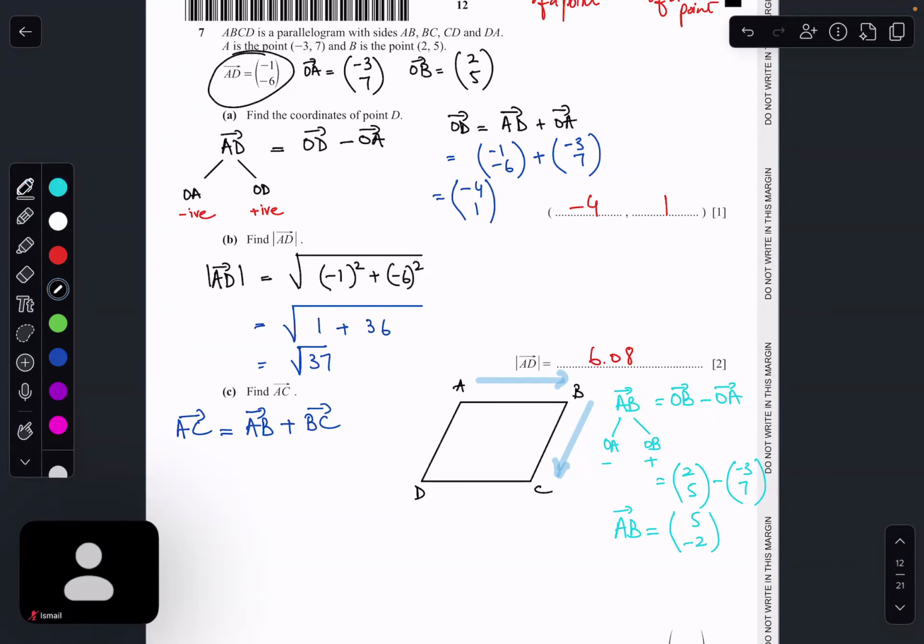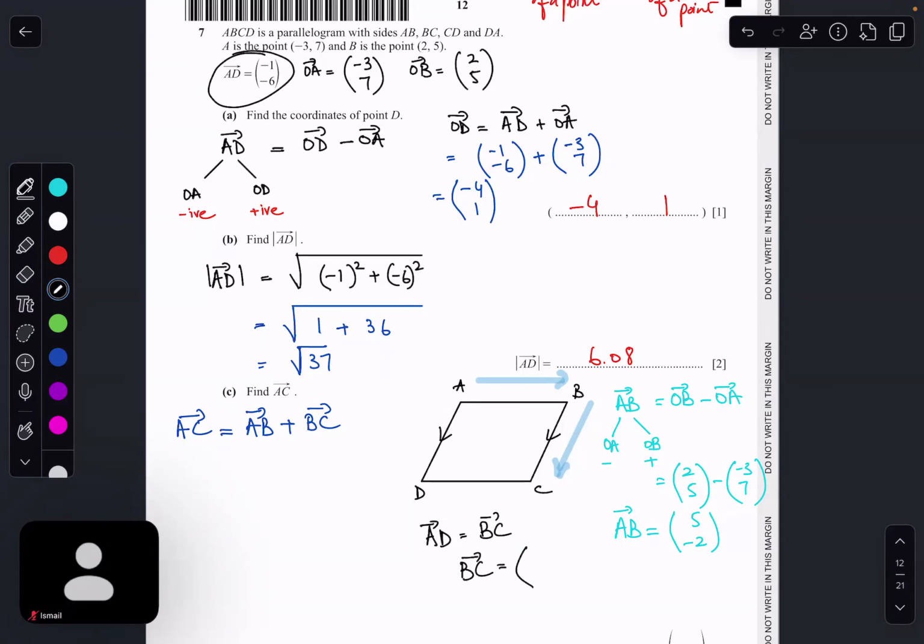For BC, it's the same thing because we have AD with us. AD is equal to BC: same magnitude, same direction. So you can figure out BC from this.